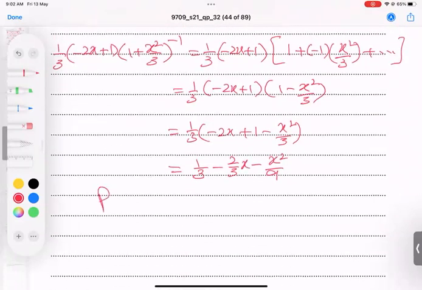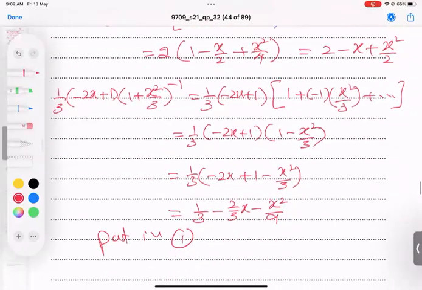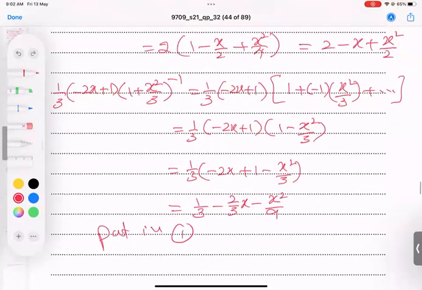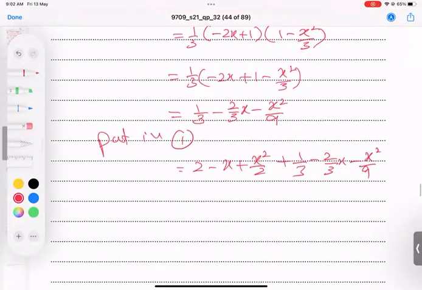I'm going to put now in 1 all values. All values means this and this, just add them. So finally what I'm getting, 2 minus x plus x squared by 2 plus 1 over 3 negative 2 over 3 times 2x and x squared by 9. Now, how many numbers?